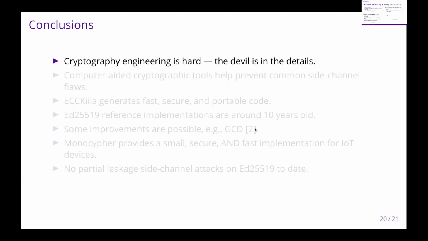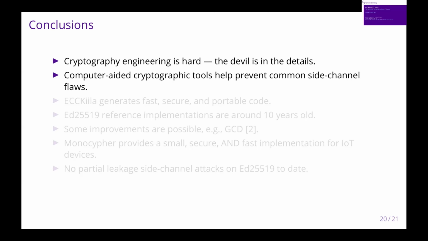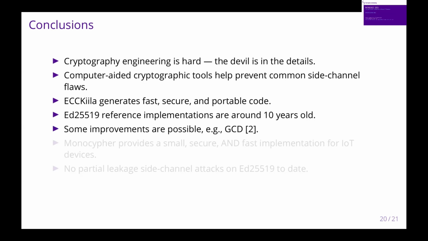The conclusion is that cryptography engineering is hard, and the devil is in the details. But these computer-aided cryptographic tools help us to prevent common side channel flaws and other flaws. ECC-Kila is fast, secure, and produces portable code.